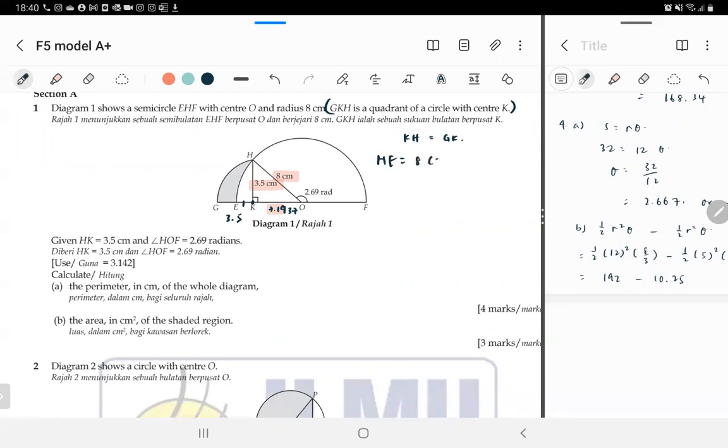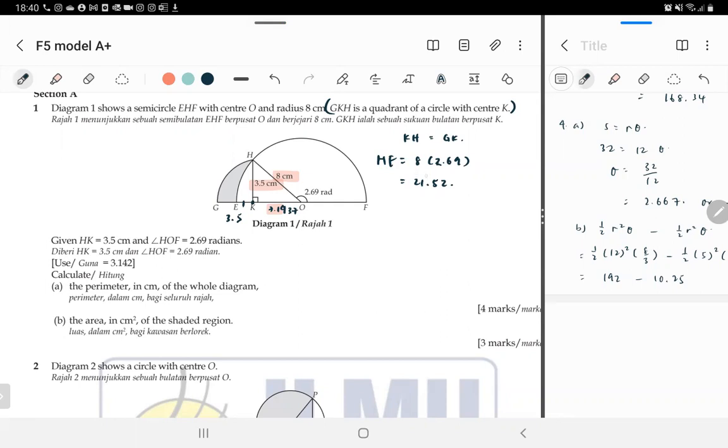So 8 times 2.69. That one I got 21.52. And then minus the next section, HE. That one I got 3.616.